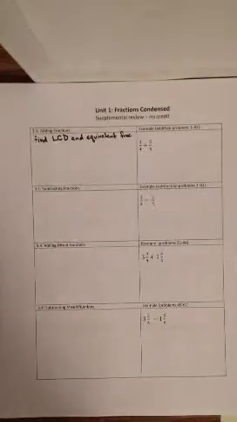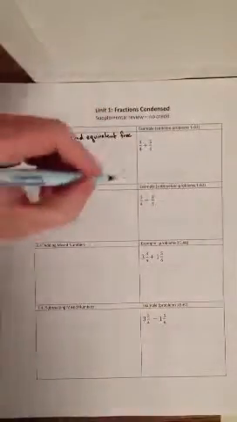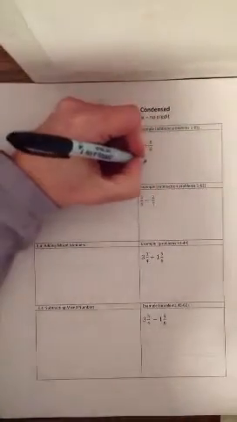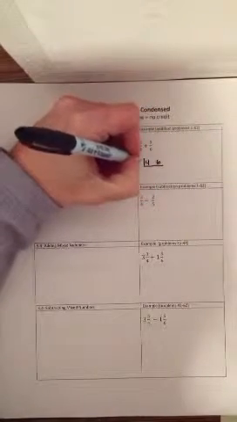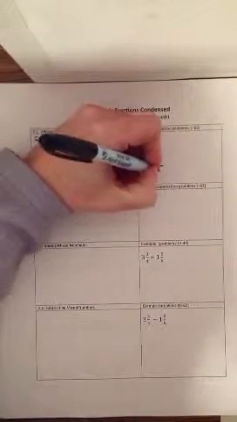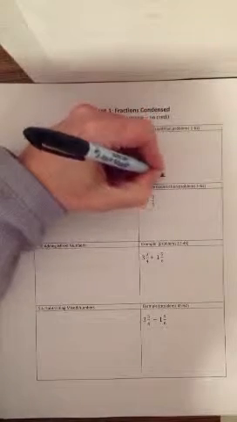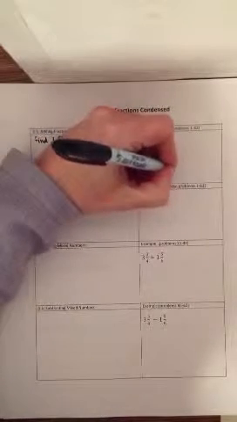So doing that in this case, our lowest common denominator between 4 and 6 is going to be 12.